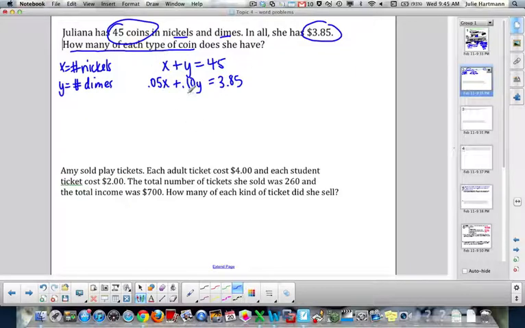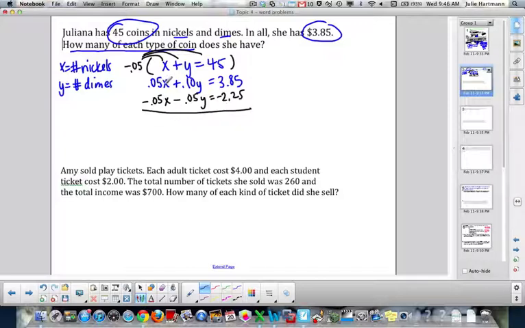Here we're all lined up. Okay, so I'm going to go ahead and do elimination. I'm going to multiply my top equation by negative 0.05. Okay, when I distribute to everything, I get negative 0.05x minus 0.05y equals negative 2.25.